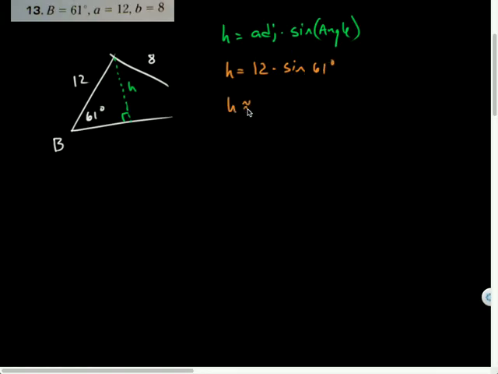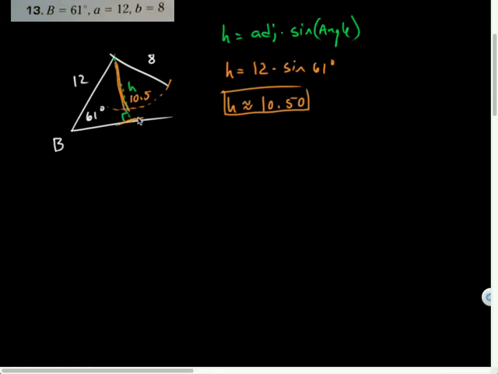So h is approximately 12 times sine of 61. I get 10.4, well, I'll round that up to 10.50. And if the height is 10.5, notice that 8 is less than 10.5. No matter how hard it tries, it can't even reach the other side on its best day.